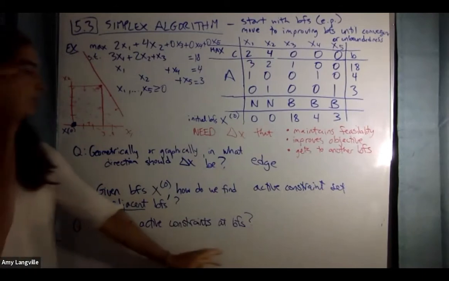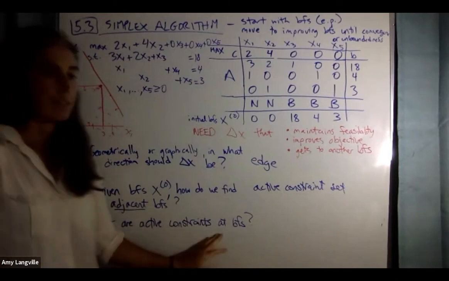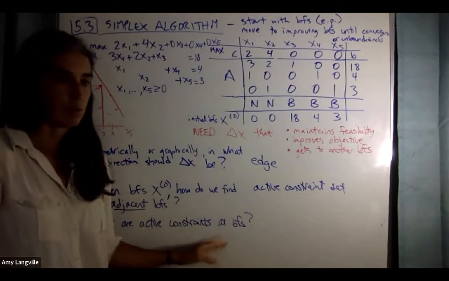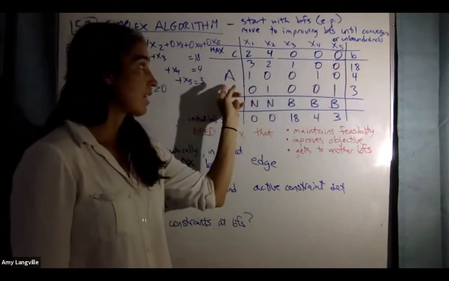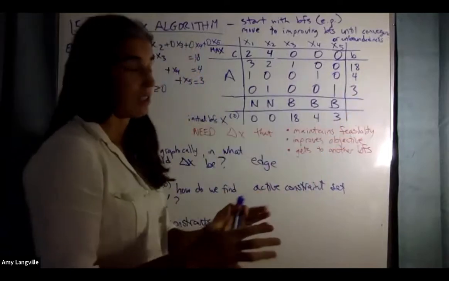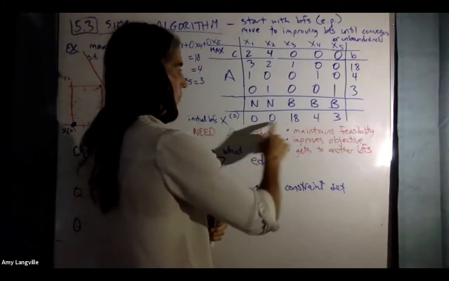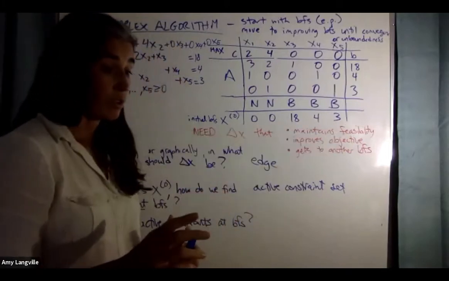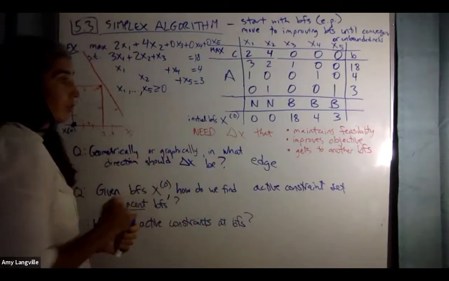Okay, but for the simplex, because it's an extreme point algorithm, what are your active constraints at the basic feasible solution? Let's think about it. Once we put our problem in standard form, this represents Ax equals b. Those are all equalities. And so you just have to go down here and look at this row. Don't forget your simple constraints. Your simple constraints were that all of these xi's are greater than or equal to 0.